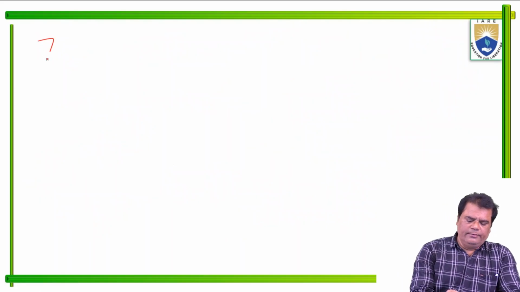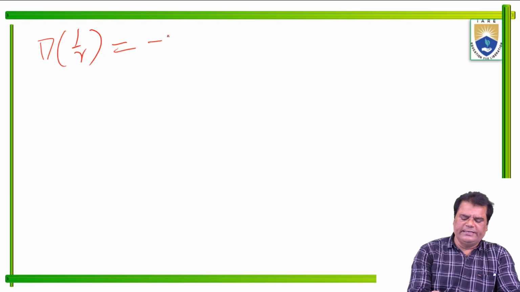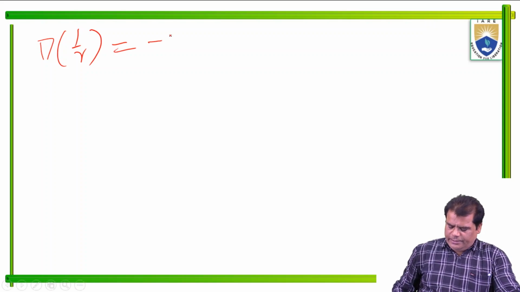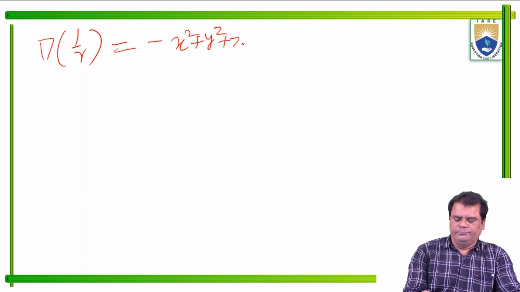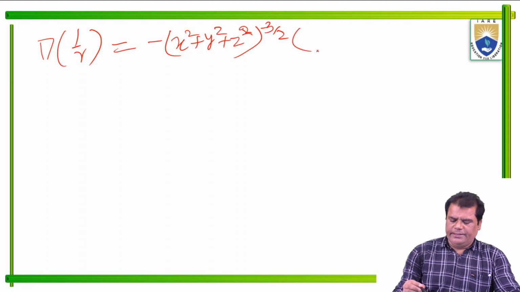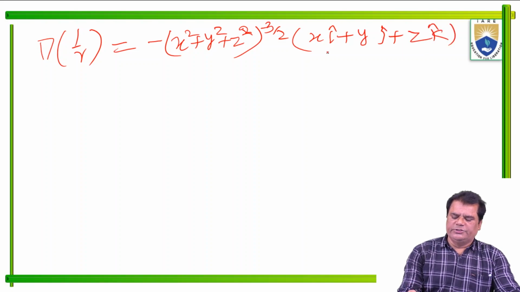So del of 1 upon r equals minus common, and what is common? Minus (x square plus y square plus z square) whole to the power minus 3 by 2, and in the bracket xi plus yj plus zk. This is r.